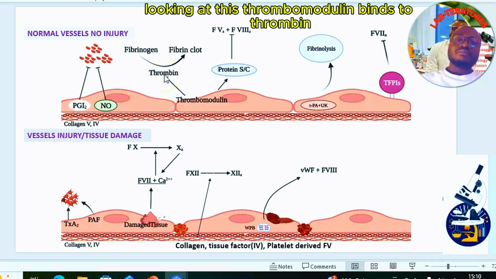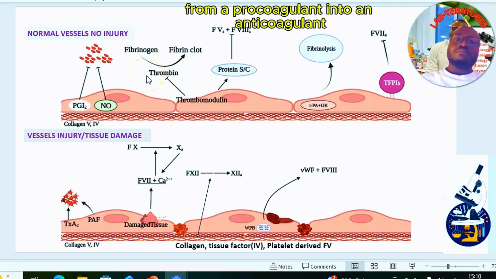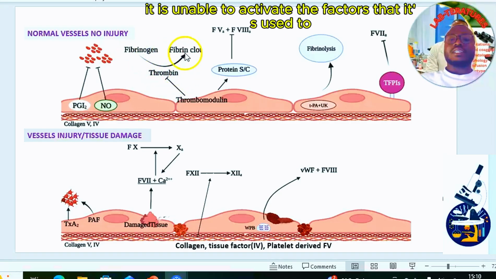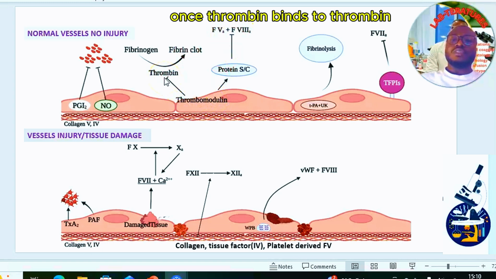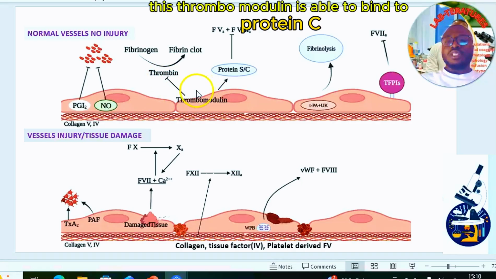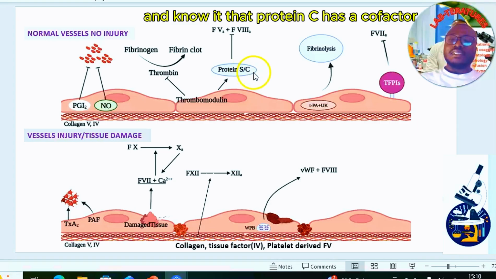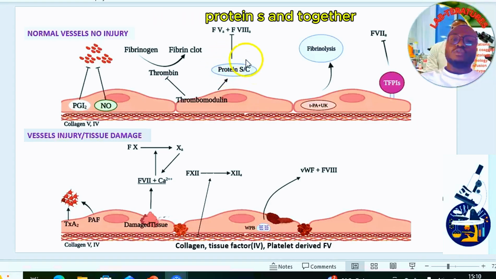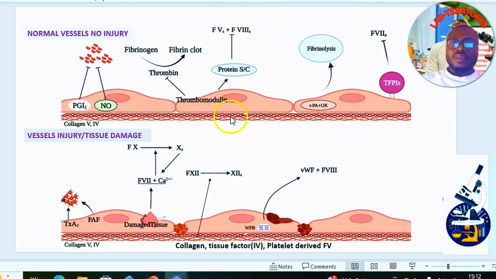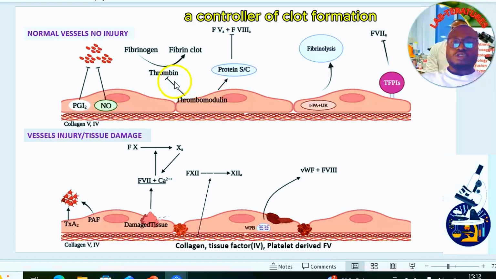Looking at this, thrombomodulin binds to thrombin and changes its status from a procoagulant into an anticoagulant, meaning it is unable to activate the factors that it used to once thrombomodulin binds to thrombin. Secondly, this thrombomodulin is able to bind to protein C, and know that protein C has a cofactor, protein S, and together they are able to inhibit the activated form of factor V and factor 8. This makes thrombomodulin a controller of clot formation within the blood vessels.